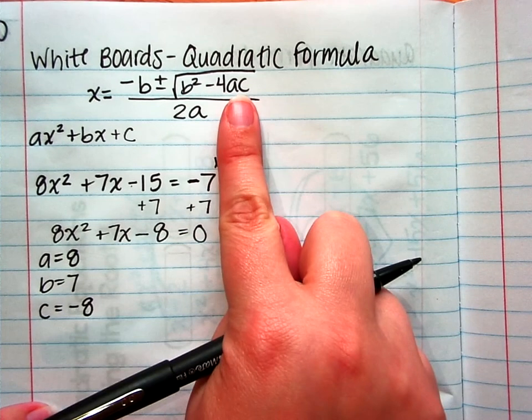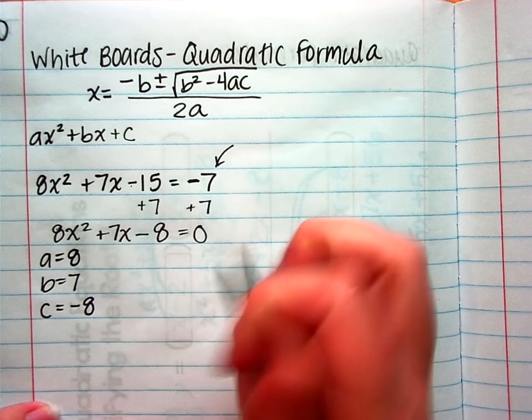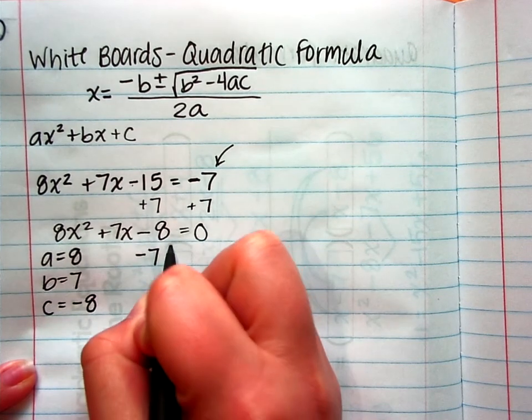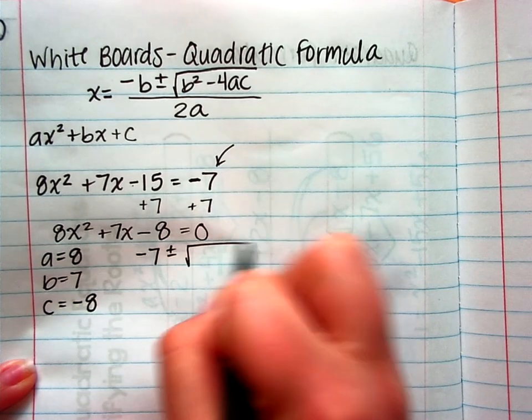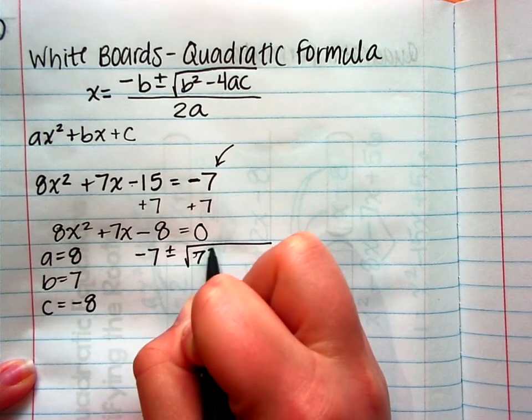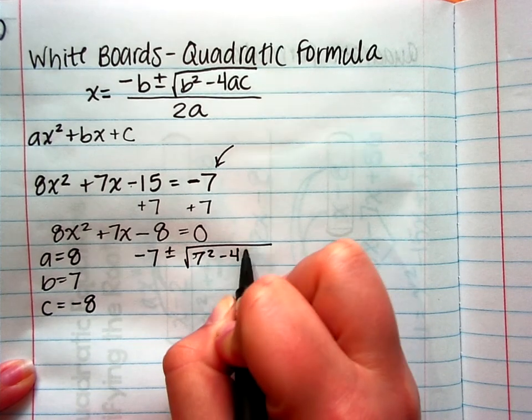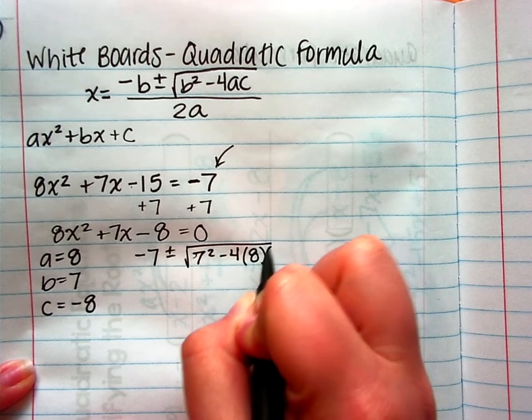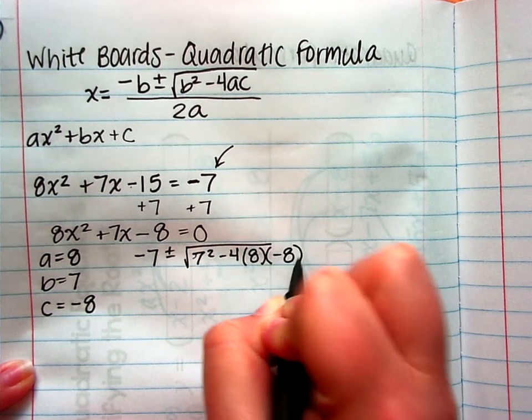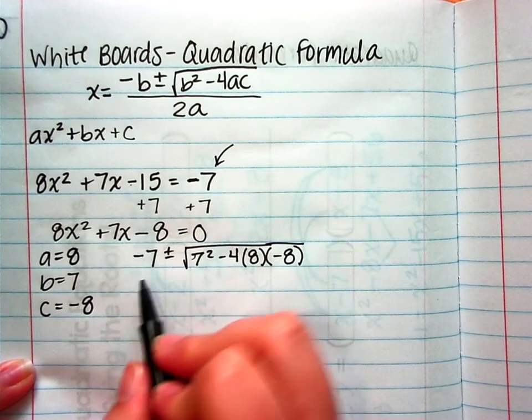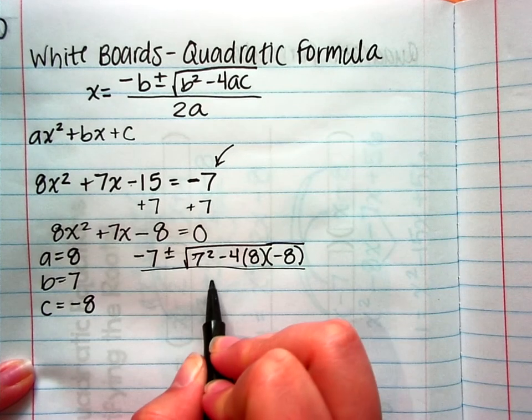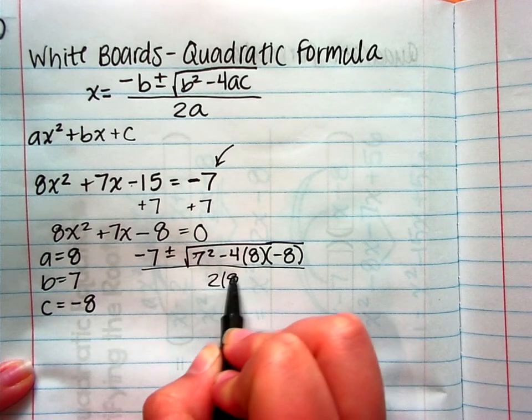So using the formula, opposite of B: B is positive, I'm going to make it negative. -7 plus or minus the square root of 7 squared minus 4 times 8 times -8, A and C, all over 2A, 2 times 8.